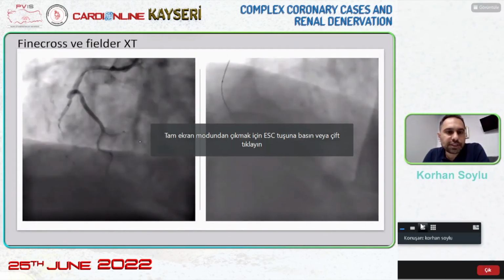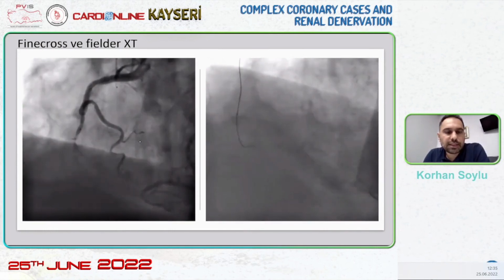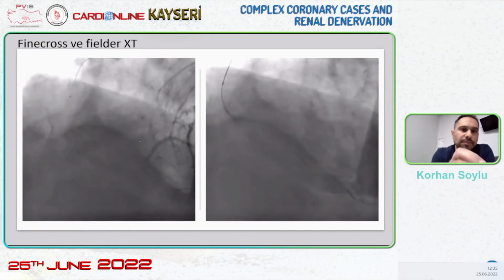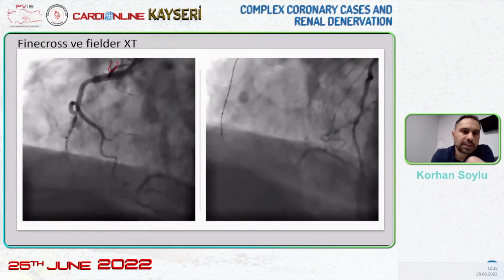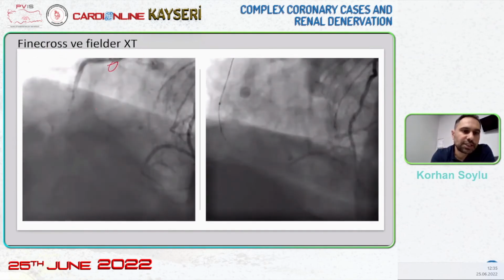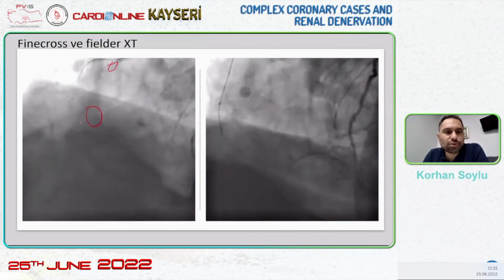Now, for this patient, for the right coronary artery, a 7 French coronary artery catheter was used. This is not a strong catheter for support, but here you can see that anchoring is easier at the proximal side, and a second branch exists here.